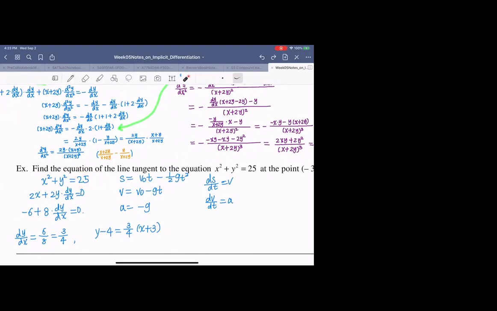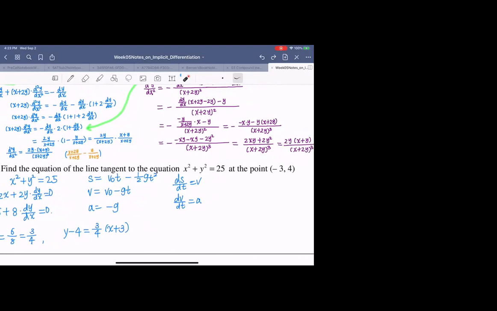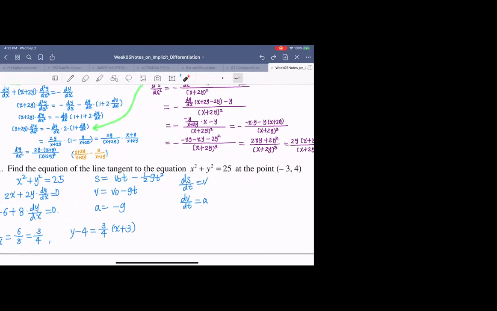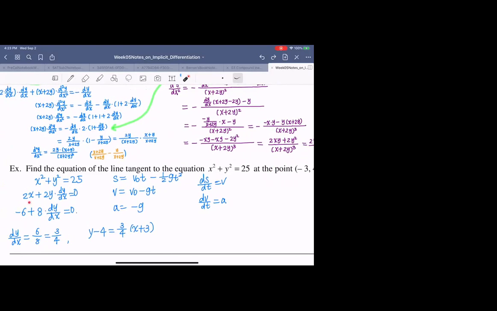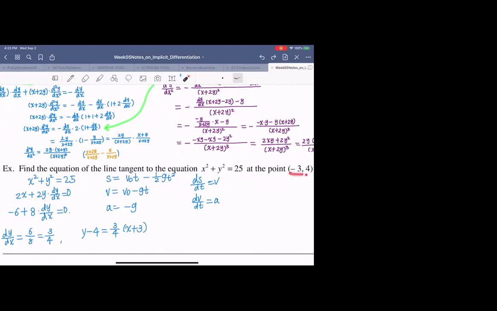And then, because at this point, that means you pass this point, so you can plug -3 and 4 into this equation, so that you find out your tangent line slope is equal to 6/8.